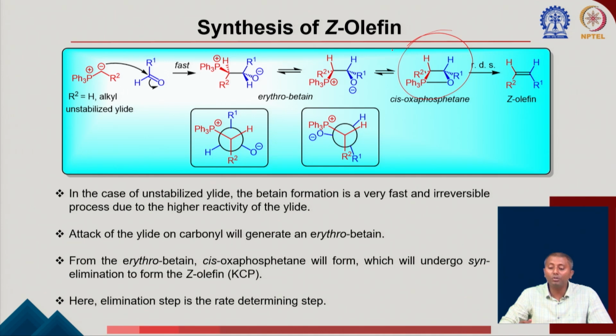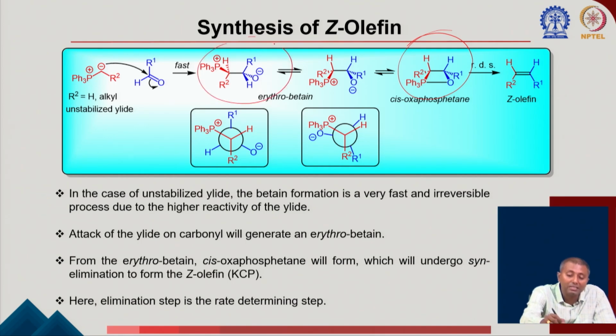But once it goes to the oxaphosphetane intermediate, it goes to the irreversible step, which gives you the corresponding Z or E olefin. So here, if it is an unstabilized ylide, this is not a stabilized one, so it is going to react fast. This is a very fast step, so the kinetics is going to play the major role here.